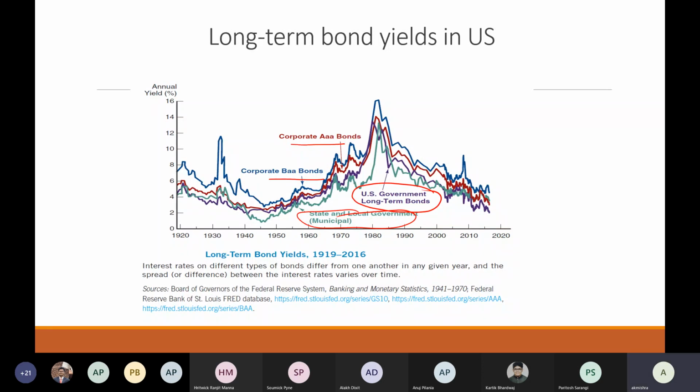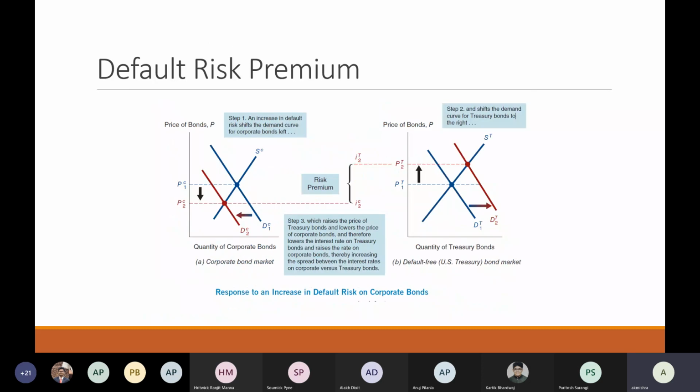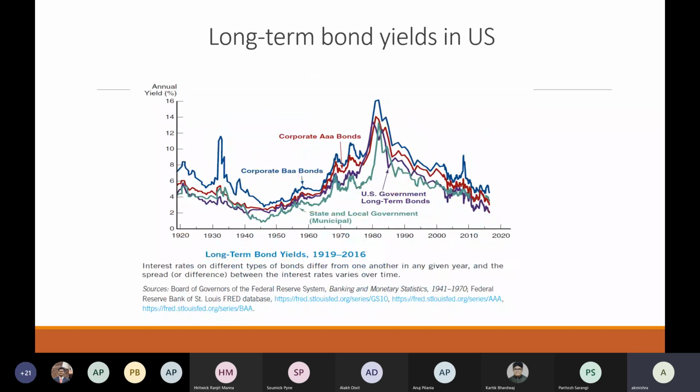So here you can see, let's say I'll go here. If you look at this part, or here any reference point, this blue and red one. Red one means this one.